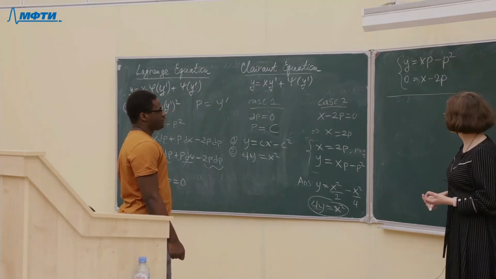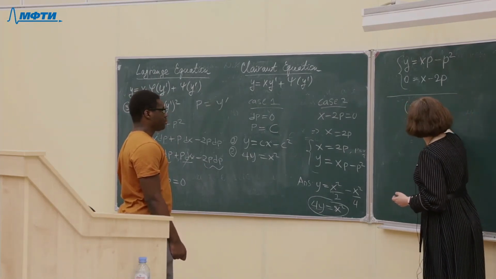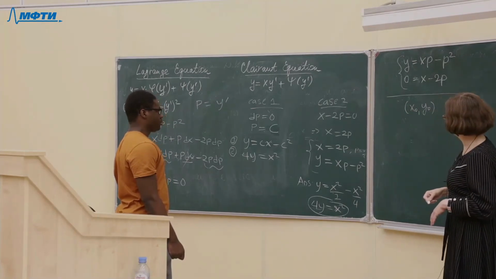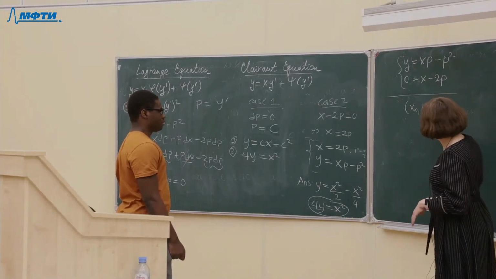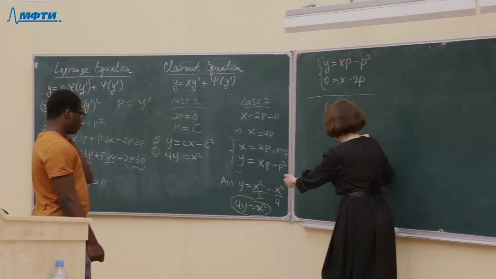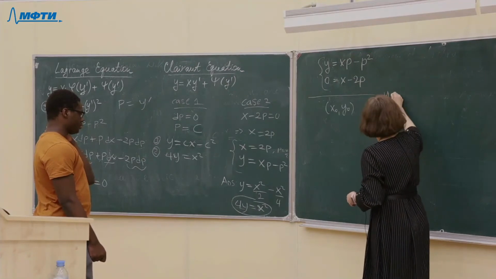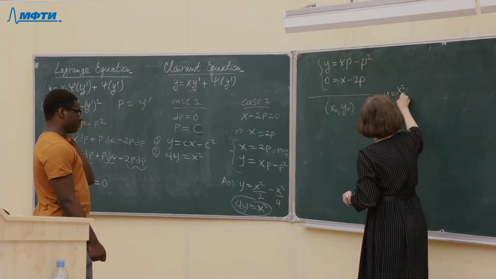Next, let's check whether this is a singular solution or not. How to do this? If we fix any point x0, y0 on the singular solution, we take any point from this curve, y equals x squared over 4.